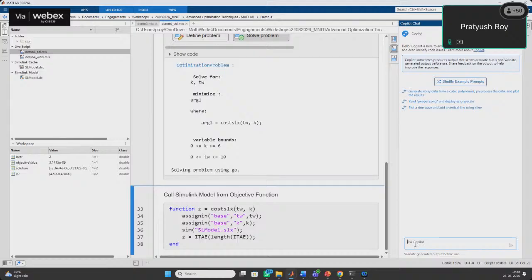For example, let's say I want to solve an optimization problem where I have linear constraints and a non-smooth objective function.